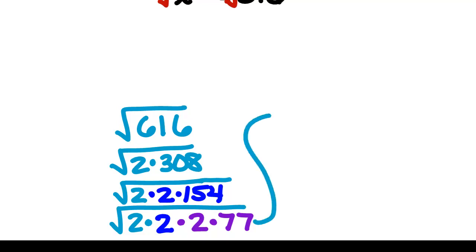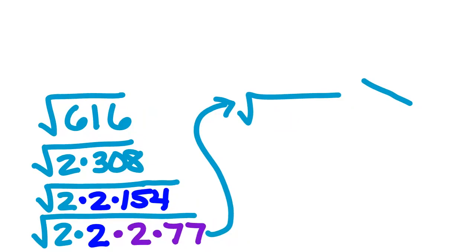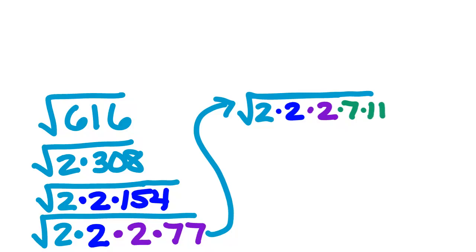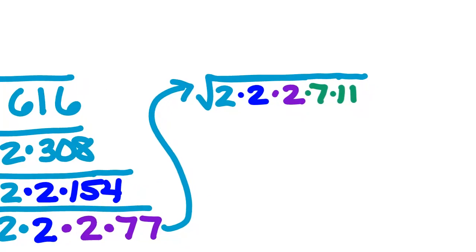What goes into 77? 7 times what? 7 times 11. Okay, so I have 2 times 2 times 2 times 7 times 11. What can go into 11? What can go into 7? Nothing. I can only take out pairs.